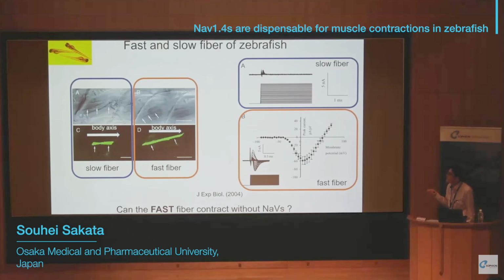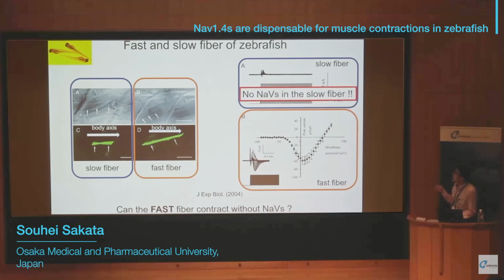So this is slow, this is fast fiber. And this is the sodium current from fast fiber, and this is the leak current. I recorded clear currents from voltage-gated sodium channels. But surprisingly, there is no sodium current in slow fiber in zebrafish.